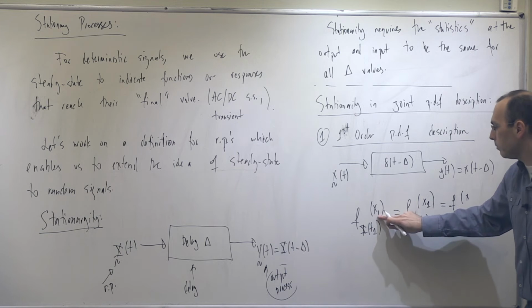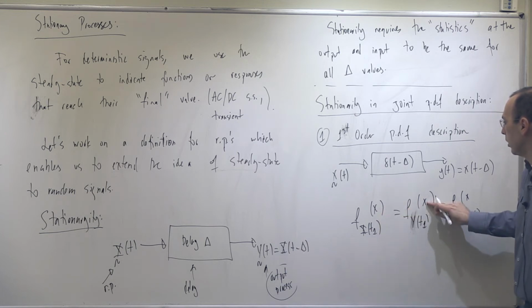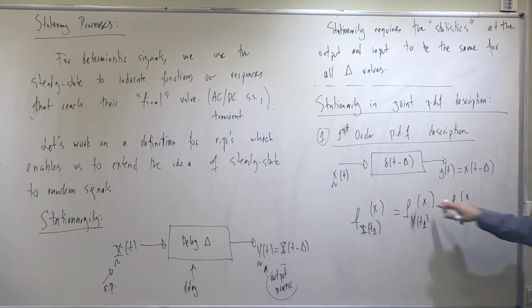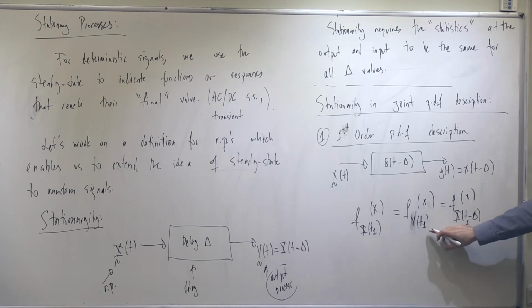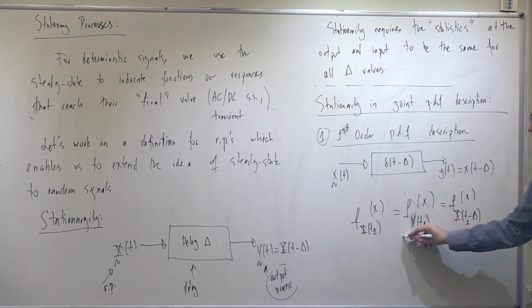Let me write a generic variable x here, because it's confusing. There is only one variable x. Because you see that y at t1 is equal to just an x sample at another time. So it's interesting. Let's forget about this part.